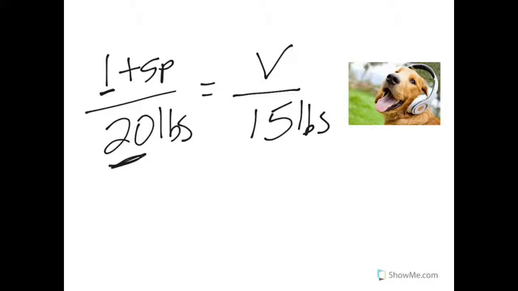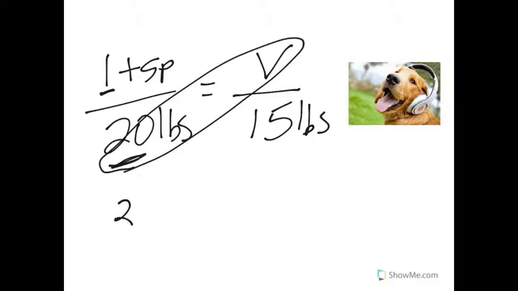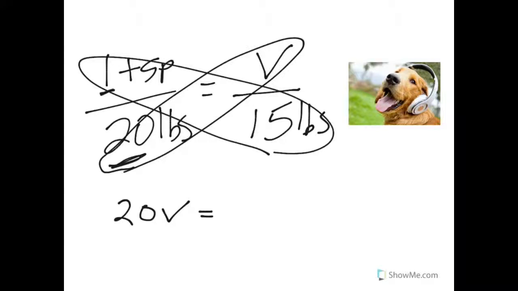Because you don't want to give him more vitamins or more medicine than he needs, right? So we're going to use cross multiplication. So 20 times V would give us the same as 1 times 15, which is 15. So 20V equals 15.